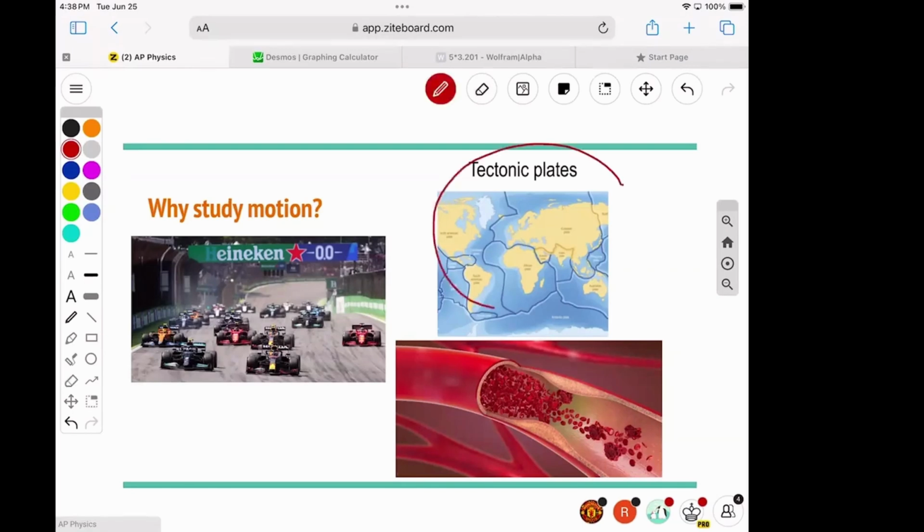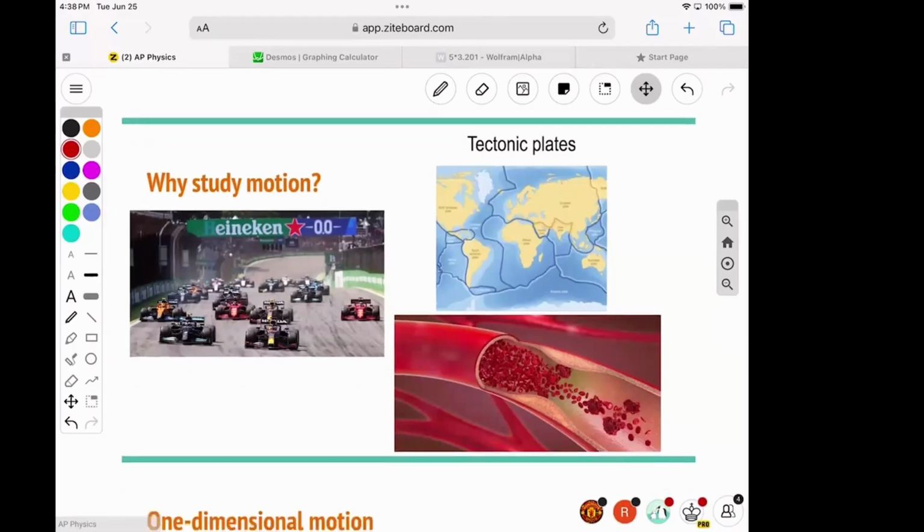And also tectonic plate movement is literally what causes earthquakes and natural disasters. So perhaps learning why they move in a certain way could help us predict or anticipate motion and mitigate some of the issues.